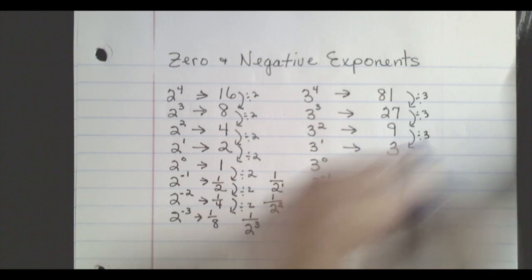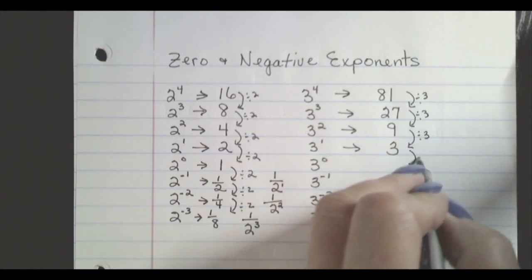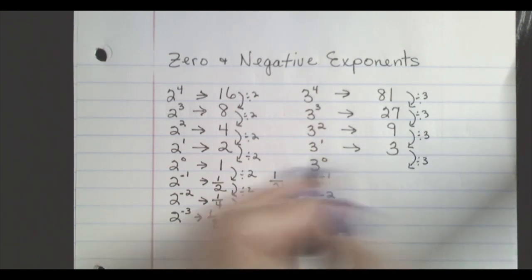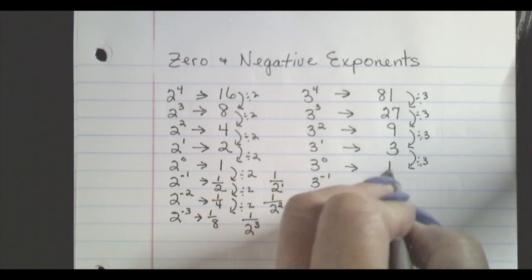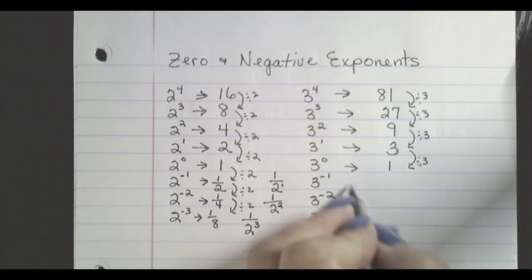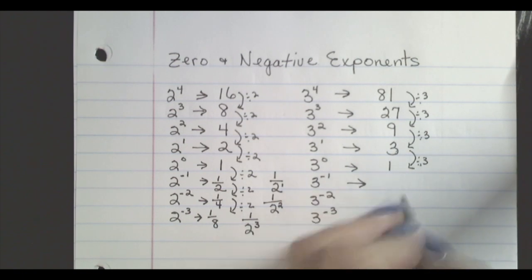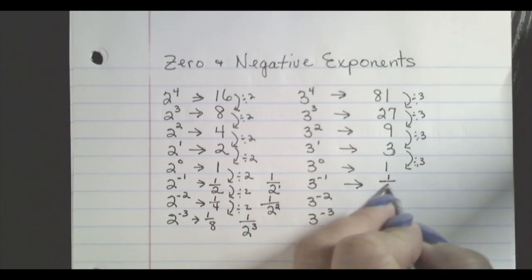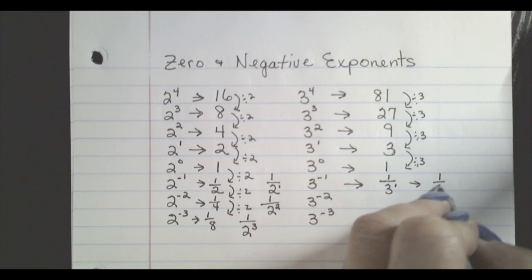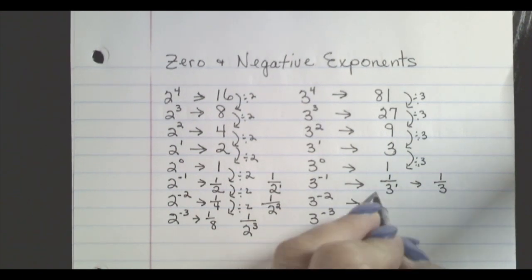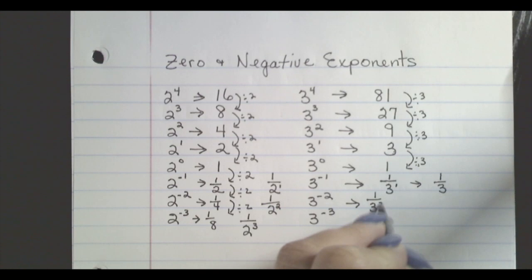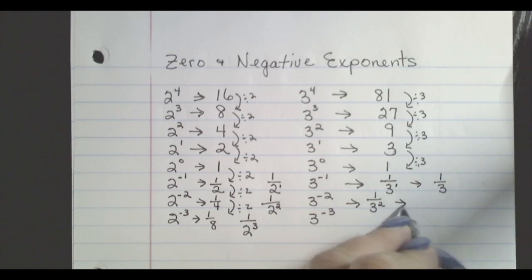If we continue to divide by 3, then 3 divided by 3 is going to equal 1. 3 to the negative 1 is going to be 1 over 3 to the 1st power, which is equal to 1/3. 3 to the negative 2 would be 1 over 3 squared, which is 1 over 9.